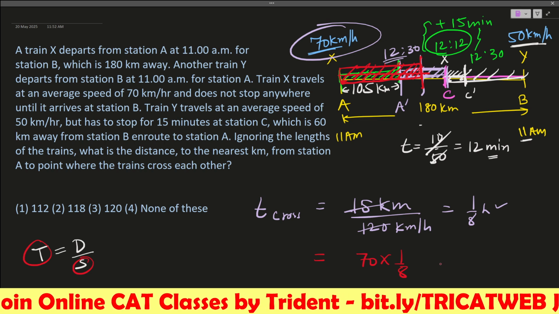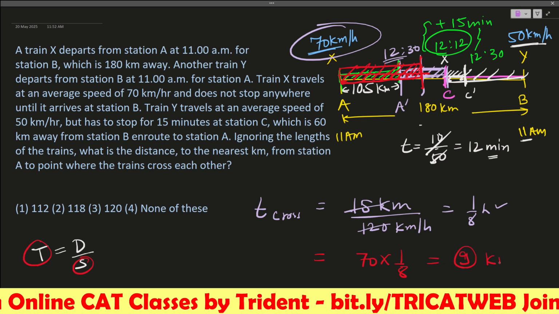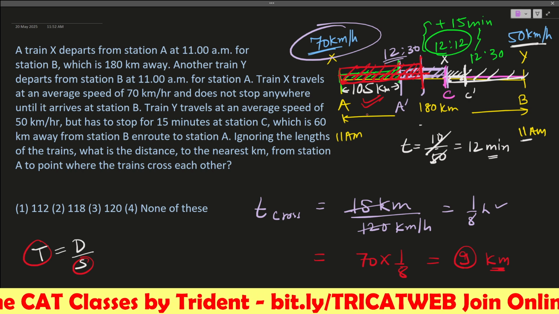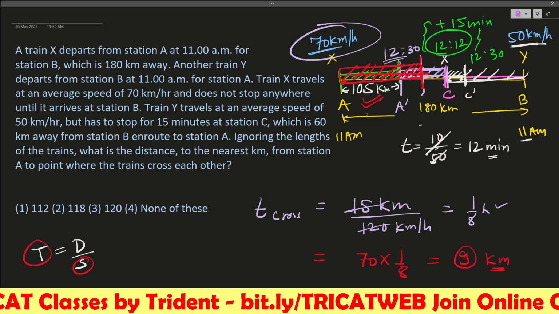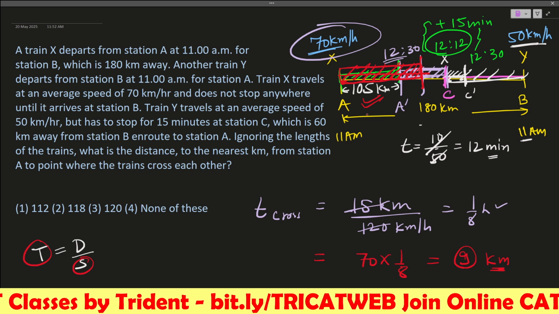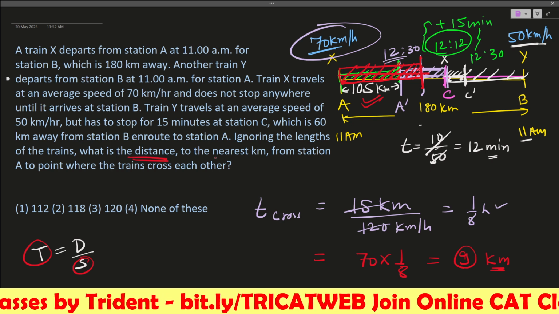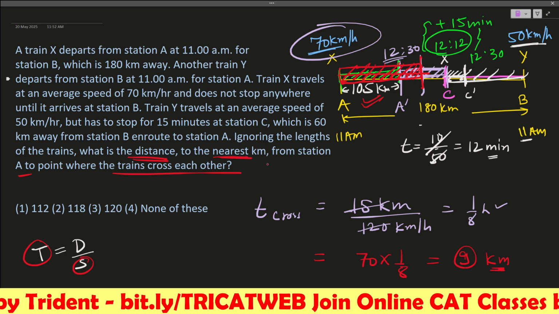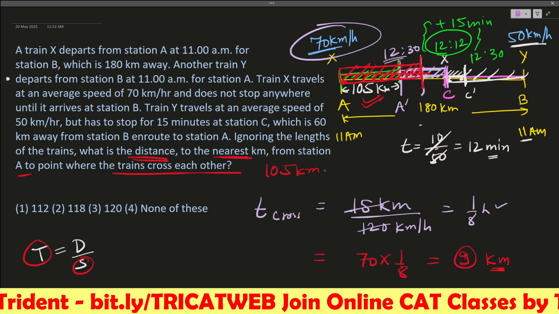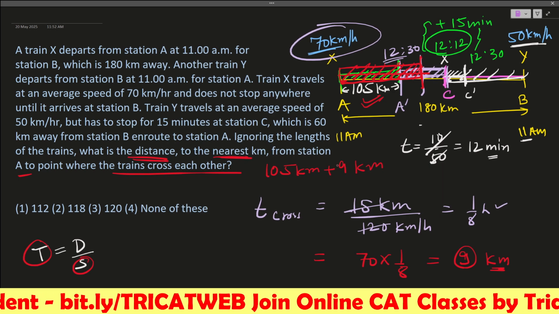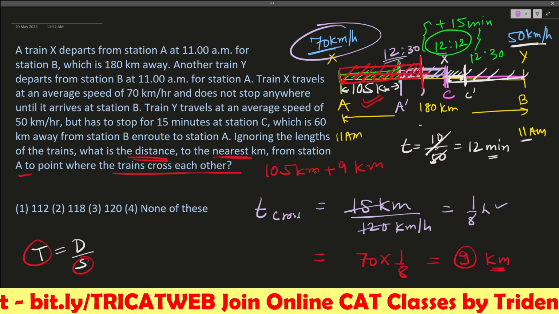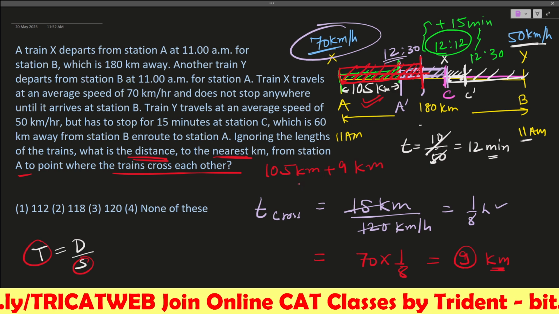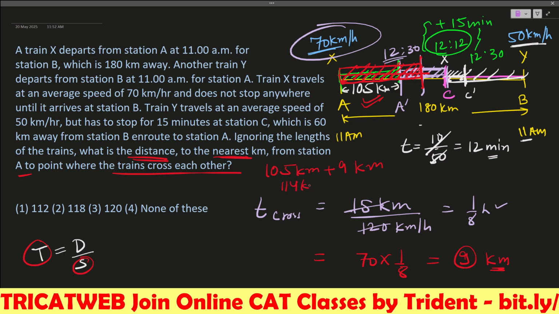If you take this as 72, this will be 9, approximately 9 kilometers more than the 105 kilometers till A dash. So the distance from A to the point where the train will start crossing will be 105 kilometers plus 9 kilometers. So that is going to be how much? 114 kilometers.